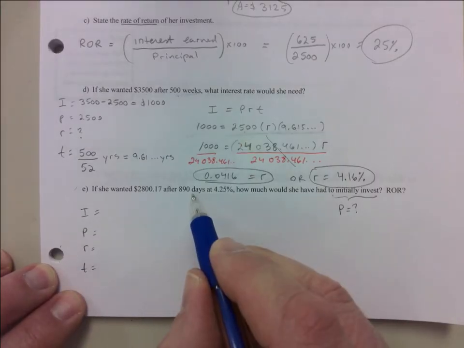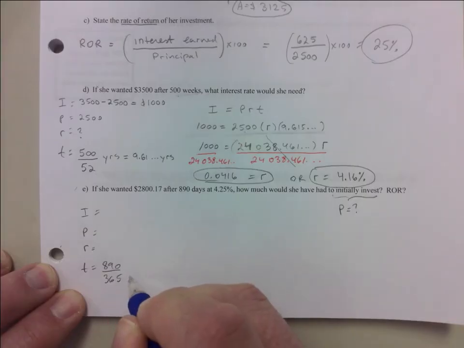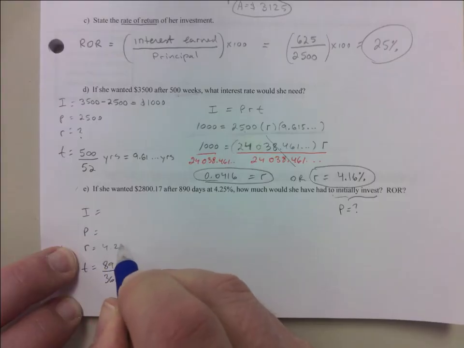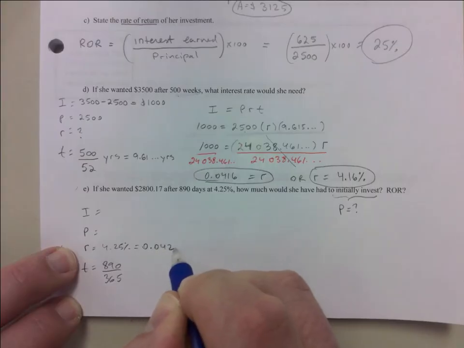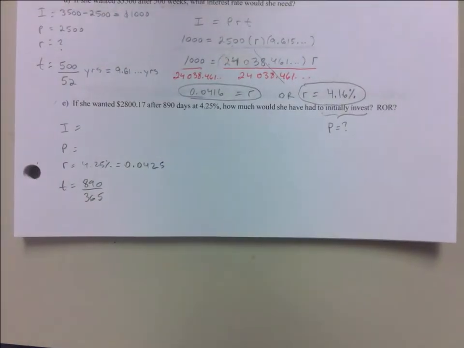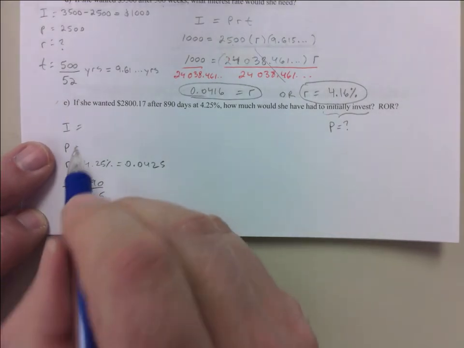It gives me time in days. So I'm going to go 890 divided by 365, right? Interest rate, it's 4.25%. But I don't want that. I want decimal. P is unknown.